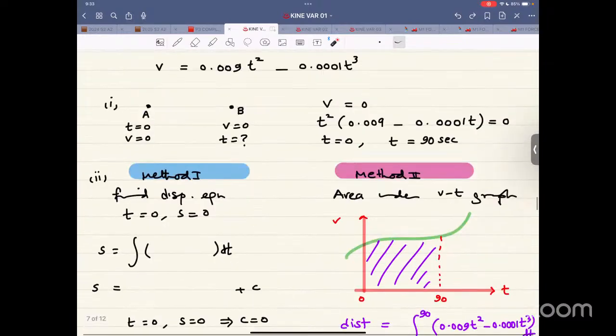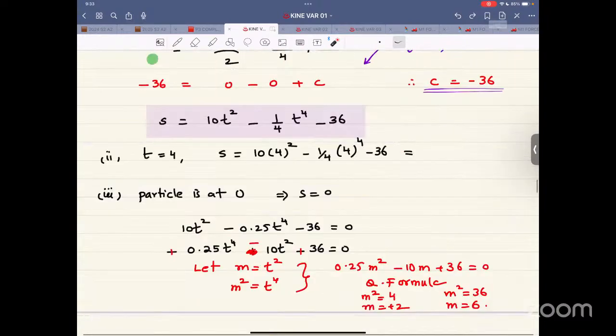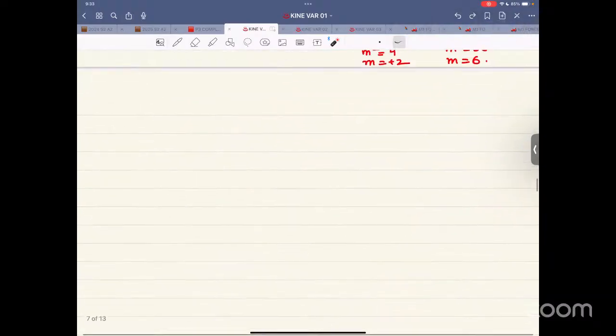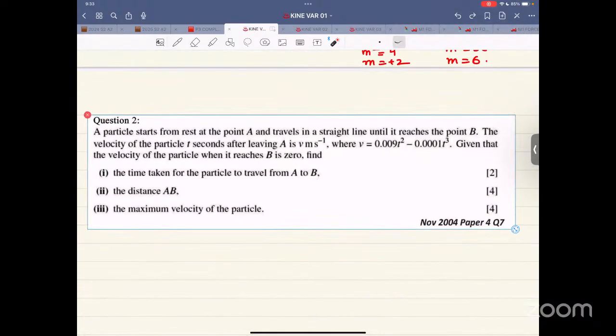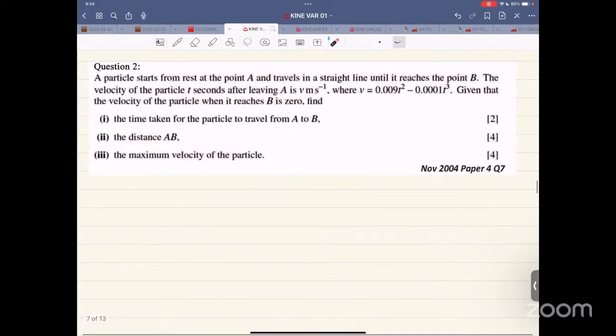Okay, now another question. Let me first show you the question so that you can have an idea exactly what's going to happen. Again, read this question first, and let me underline it. It says a particle starts from rest, point A, travels in a straight line until it reaches a point B. Velocity of the particle is such and such.